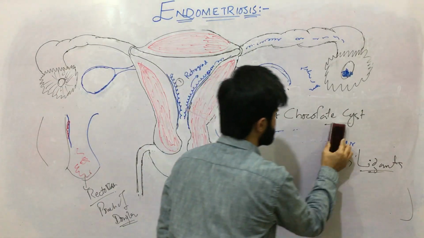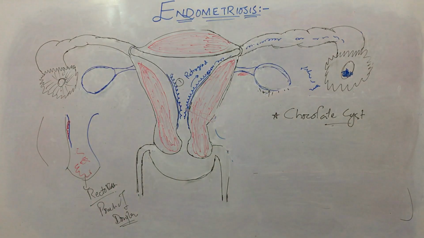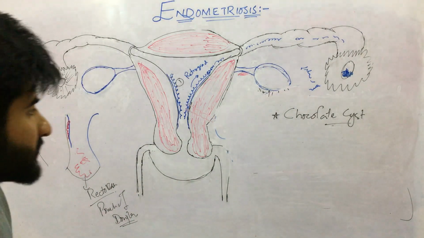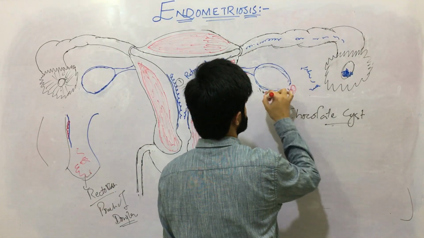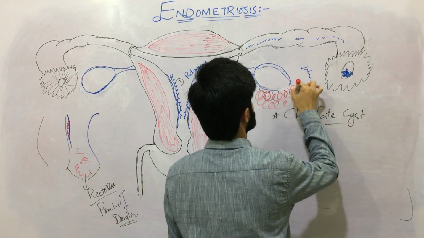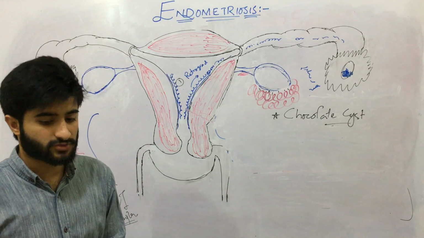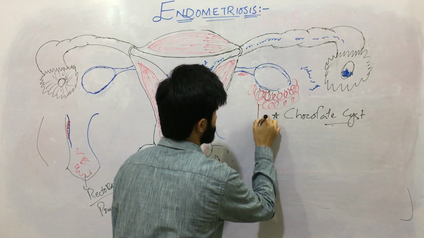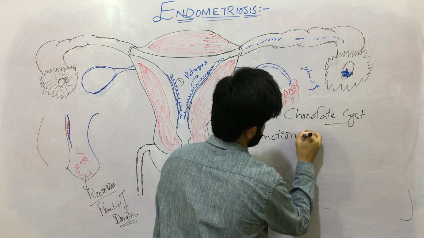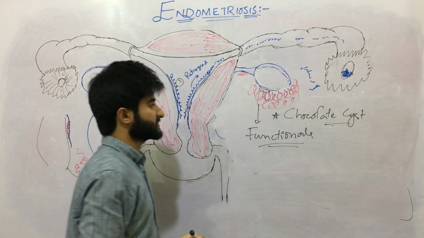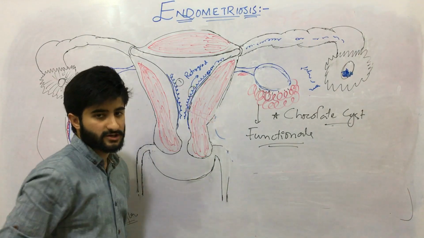I will explain why the endometriosis looks like a chocolate cyst. The reason behind this is that if this is the zone of endometriosis, present over an ovary, this endometrium, as I told you earlier, is derived from the functional layer of the endometrium.